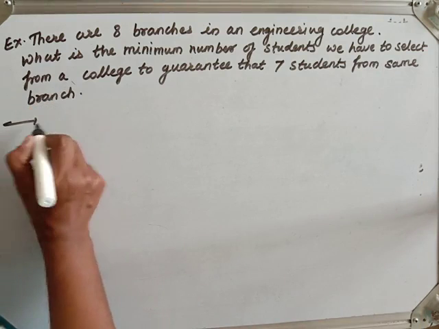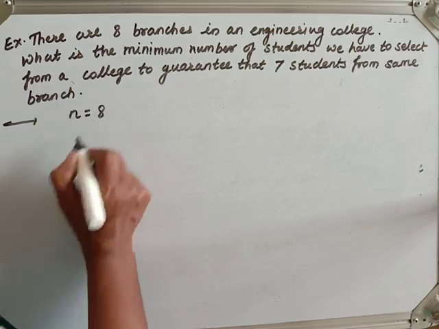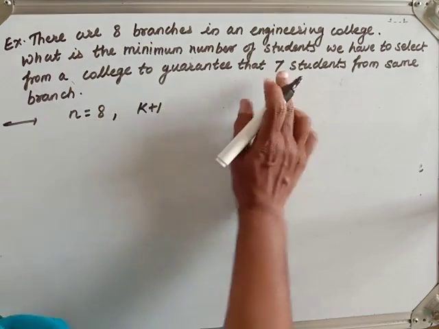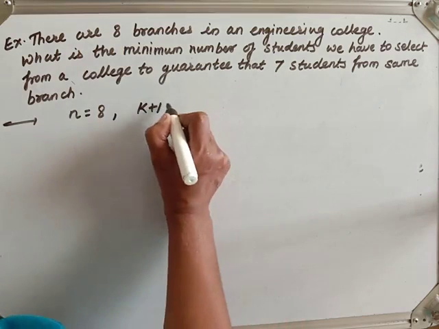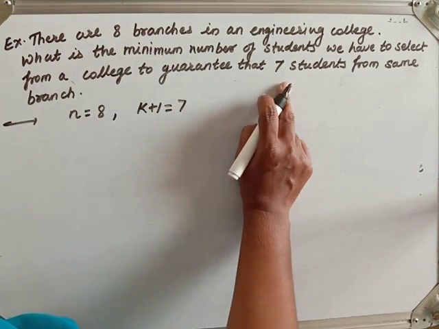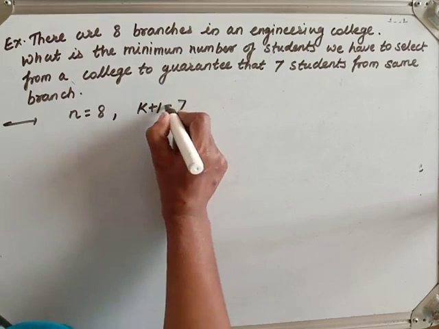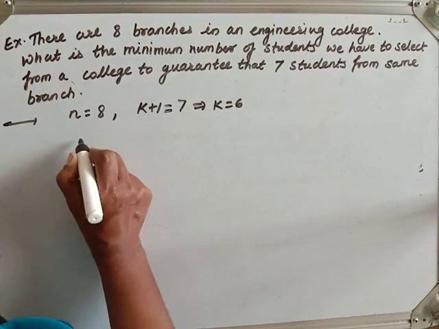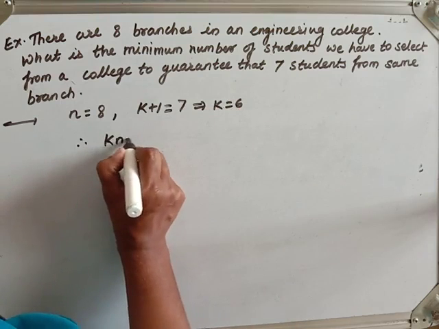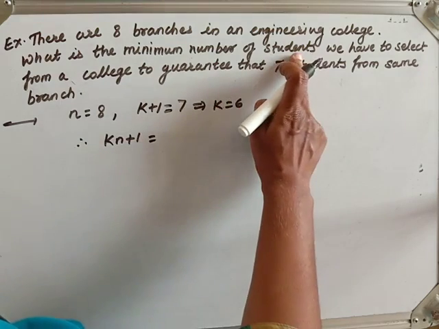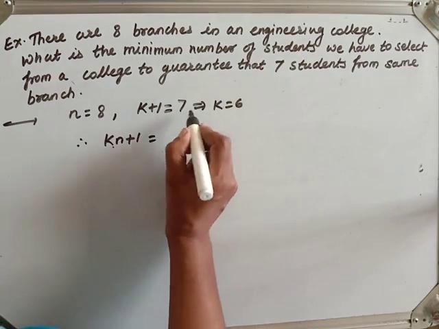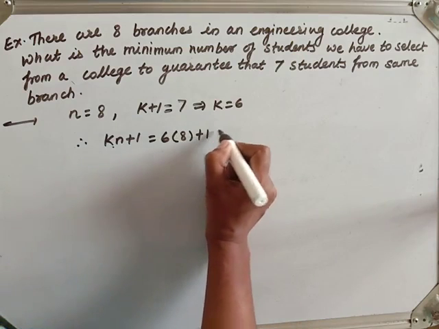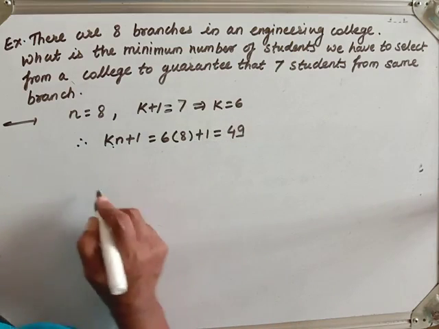Now what is the condition here? N is 8, the number of branches. What is k plus 1? It is the 7 students we want. So k plus 1 is equal to 7, which gives k equal to 6. So kN plus 1 gives us the number of students we require to select. kN plus 1 is 6 into 8 plus 1, which is 49.